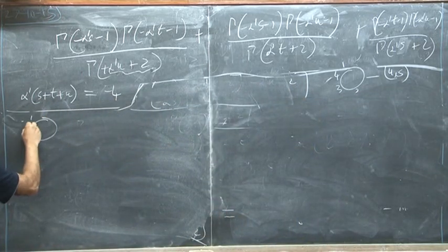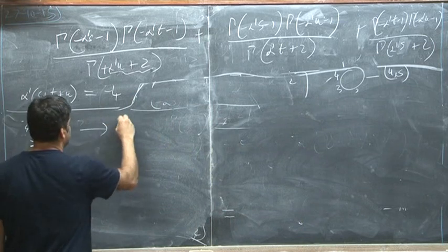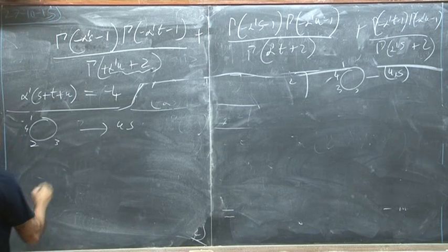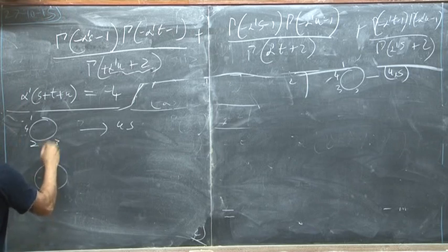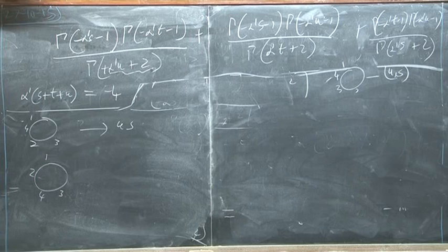So we have 1, 4, 2, 3. This gave us US. Now, what about 1, 2, 4, 3, for instance? We can use the same rule.